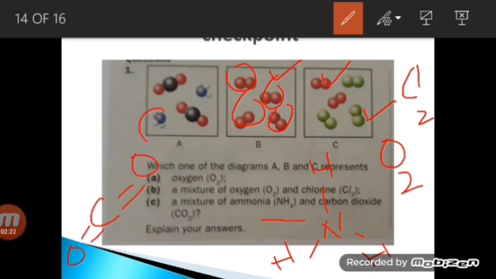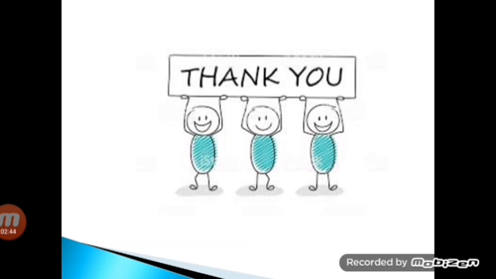So here you can see this is ammonia, whereas this is carbon dioxide. In the middle we have carbon, and these two are oxygen. In the case of ammonia, this black molecule is nitrogen, and the rest of the three small white atoms are hydrogen. Thank you so very much for your attention.